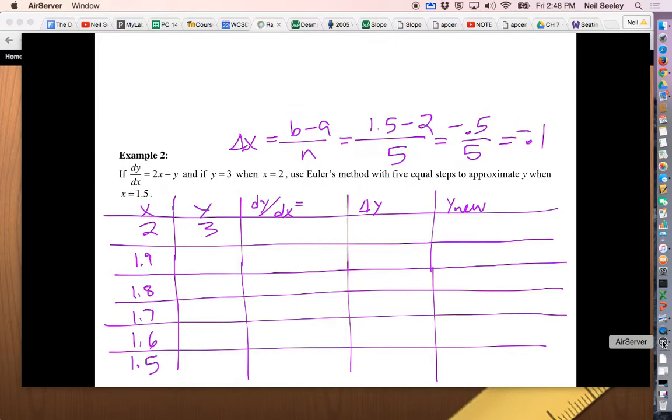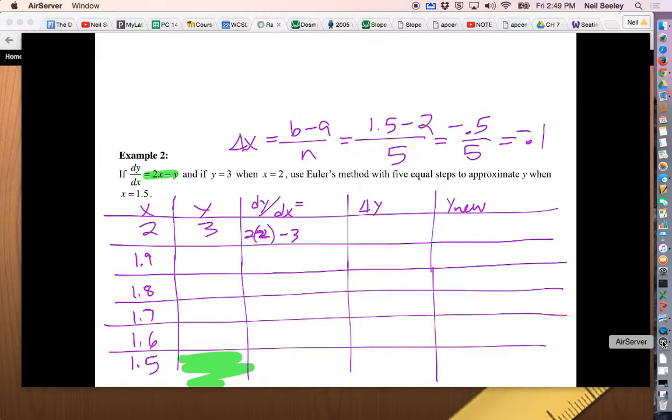You can get there. The answer that we're shooting for is that y value down at the bottom that I just highlighted. That's where you're headed. I'll get you started so we're all in the same boat. dy/dx, I have an x and a y to plug in this time. So you want to be careful to plug them both in. So that means 2 times x minus y. I put, it's not a negative 2, it's just bad handwriting.